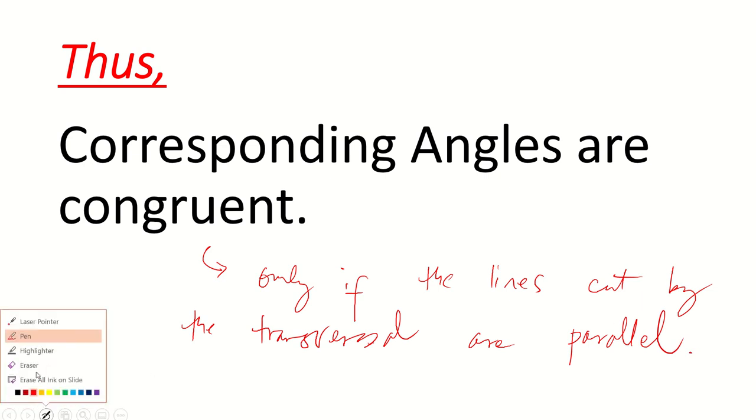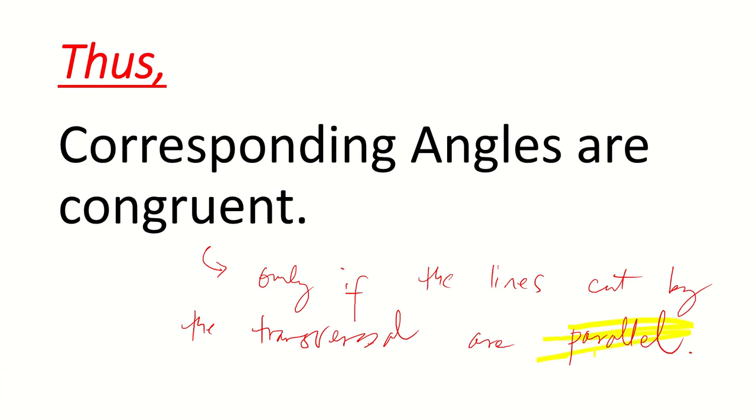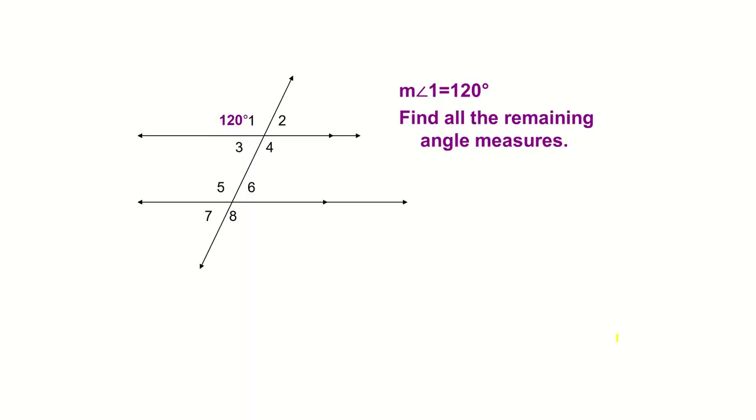So I repeat, it's very important to remember that before you conclude this, you identify that the lines are really parallel. So, with that, we can already answer the problem based on what we already know.